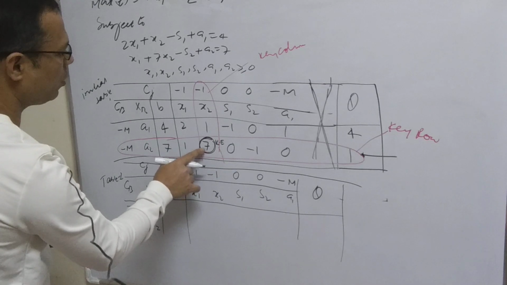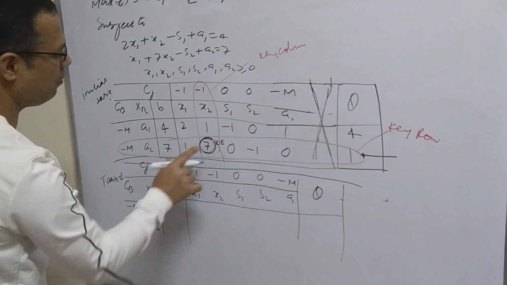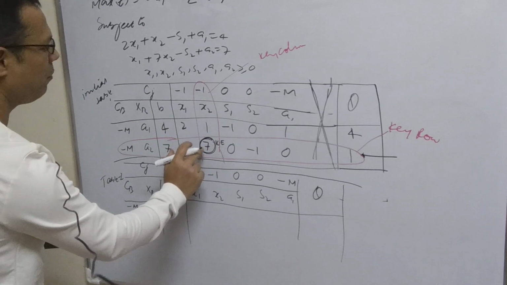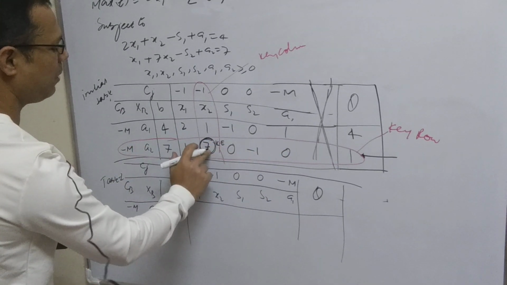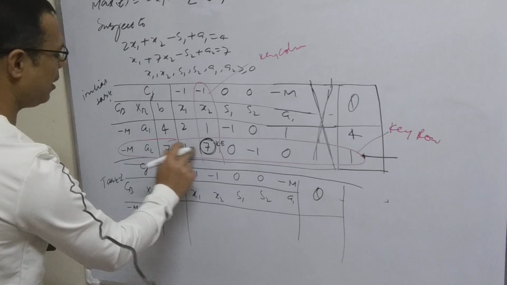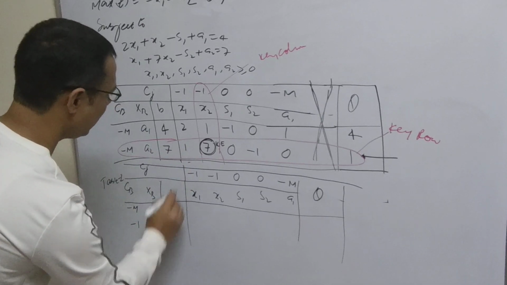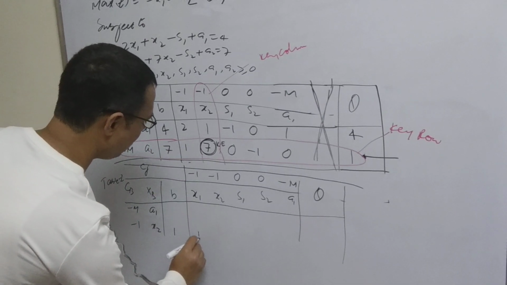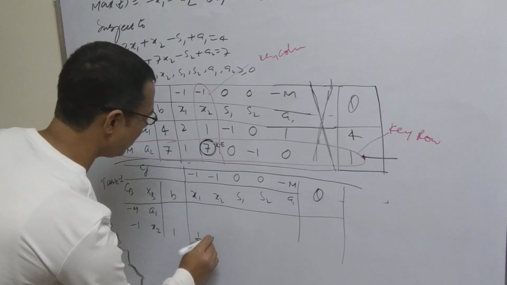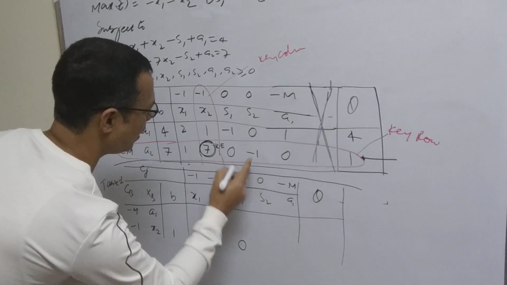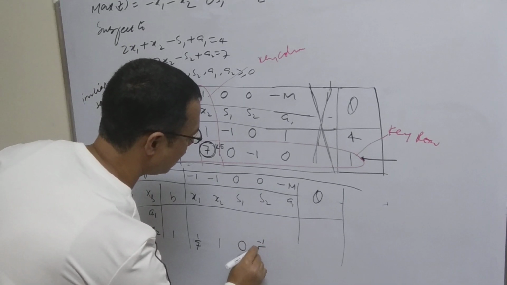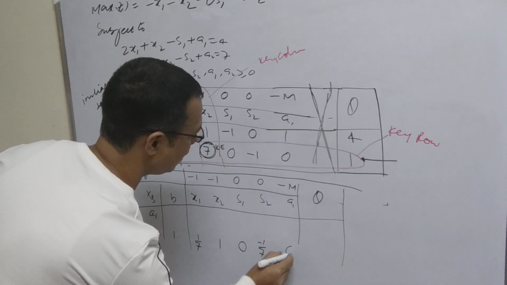So if you divide this 7 by itself, it will give you 1. So the simple aim is to divide all the elements of the key row by the key element. So 7 divided by 7, the result is 1. 1 divided by 7, result 1 by 7. 7 divided by 7, result 1. 0 divided by 7, result 0. -1 divided by 7, -1 by 7. 0 divided by 7, that is 0.